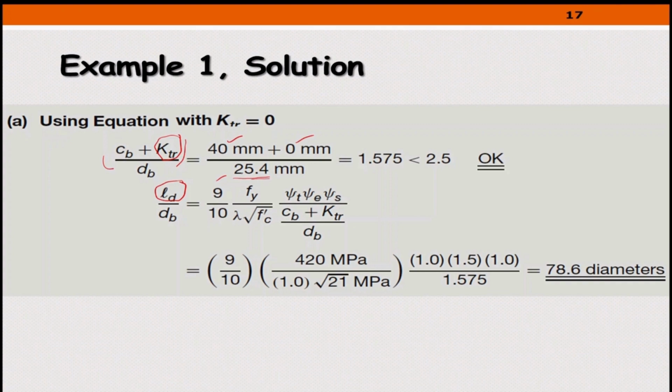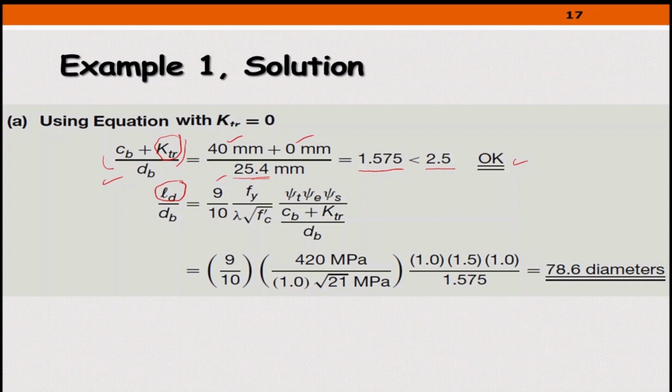It's okay for me if you use dB equal to 25, but 25.4 is more accurate because it is the actual bar diameter versus 25, which is the nominal or designated bar diameter. With this, the confinement effect factor is equal to 1.575. That's less than 2.5, which is okay.